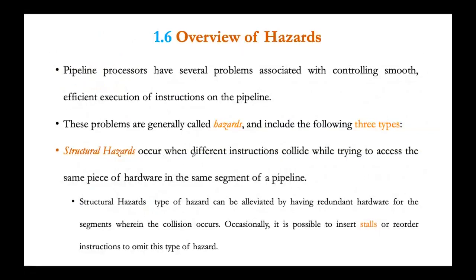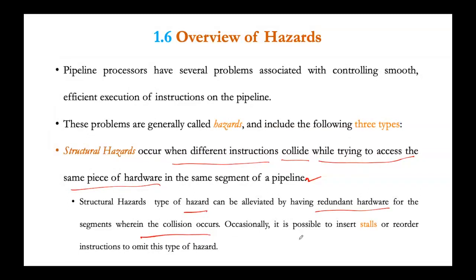Structural hazards occur when different instructions collide while trying to access the same piece of hardware in the same segment of the pipeline. This type of hazard can be eliminated by having redundant hardware for the segments wherein the collision occurs.